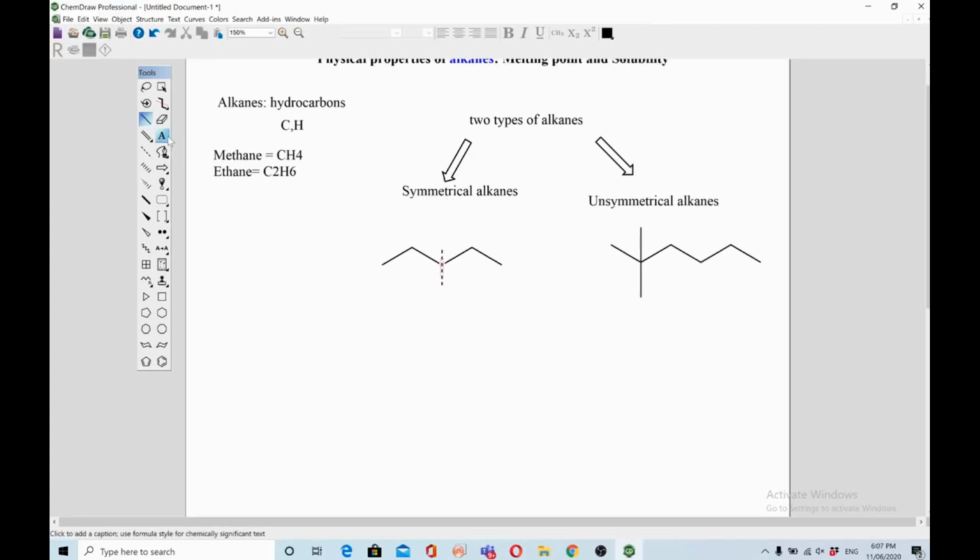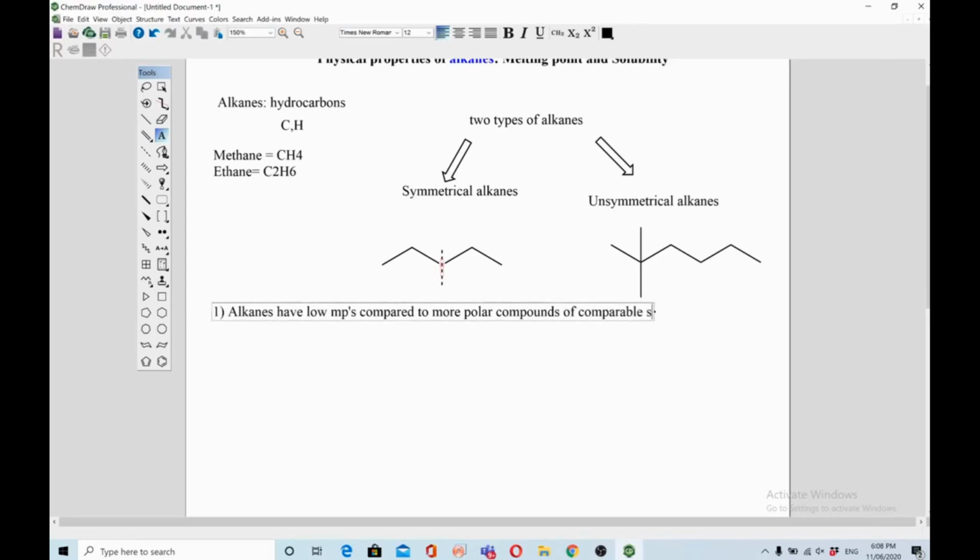Okay, I'm going to tell you 3 important points about melting points of alkanes. Number 1 is alkanes have low melting points compared to more polar compounds of comparable size.